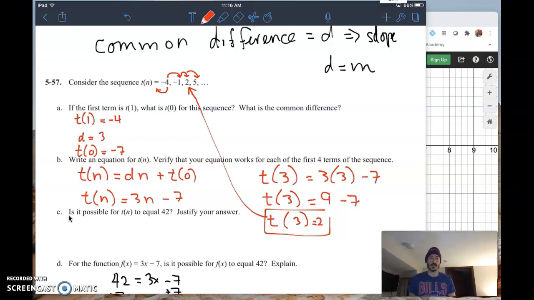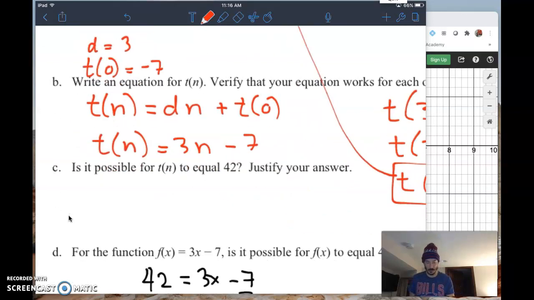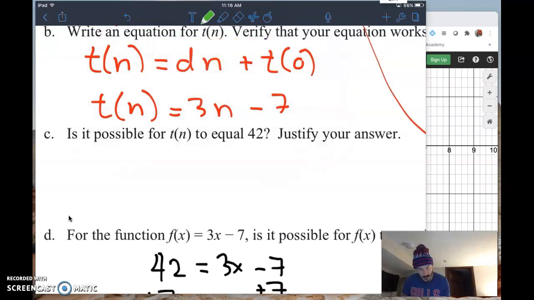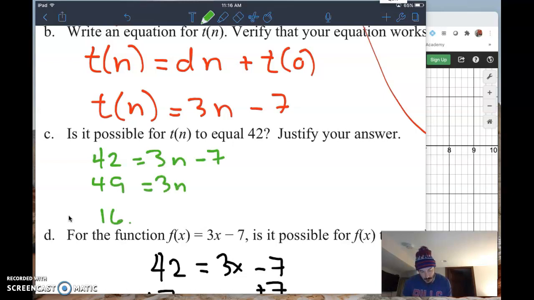Okay, now check this out. Is it possible for T of n to equal 42? Well, real quick, I'm just going to do some quick solving. I'm going to say 42 equals 3n minus 7. If I add 7 to both sides, I get 49 equals 3n. Then I divide by 3, and I get 16 and a third is n.